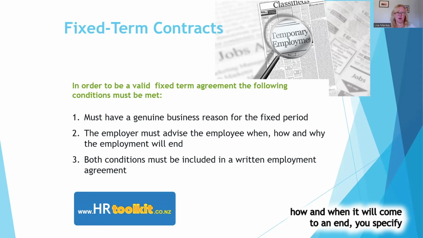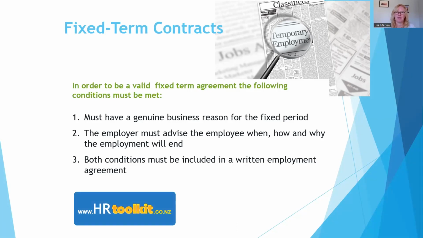How and when it will come to an end, so you specify the dates and things like that. You need to have this in writing in the contract. I will give you a buzz after this webinar, because there's also a tax implication around people who are working in New Zealand and in the UK in this case.